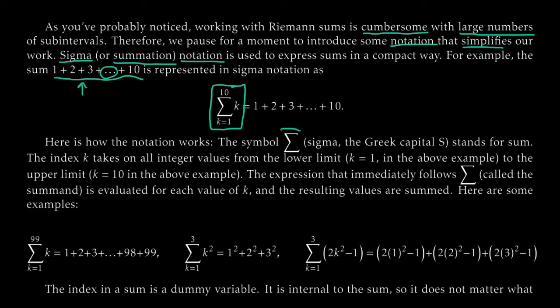This big, weird E-looking thing is a capital Greek sigma, which is like the Greek capital S. It stands for sum, S for sum. The index, as we'll call it, k, takes on all integer values from the lower limit, here that's k equals 1 in that example, to the upper limit.